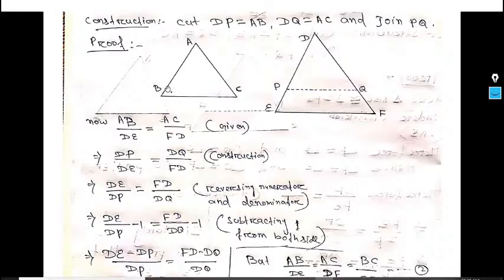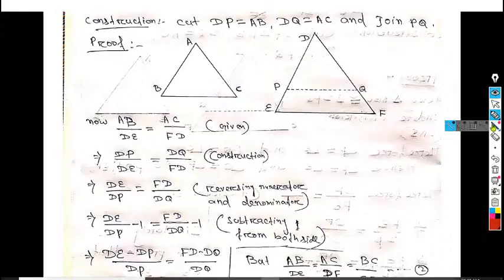We need to prove that angle B equal to angle E. So first thing, we will prove that angle E equal to angle P, and angle F equal to angle Q. In order to prove this, what we have to prove? We have to prove PQ parallel EF. So first we will prove that PQ parallel EF. After that, angle E will be equal to angle P.